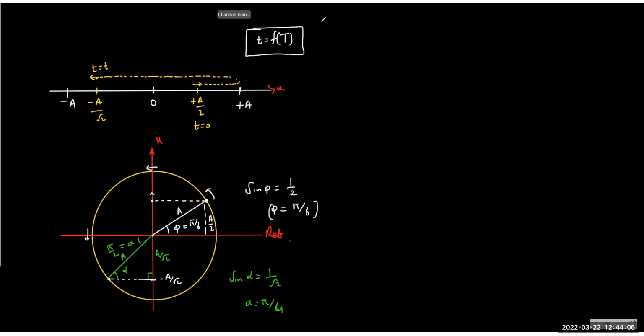If I look at your journey, it happened from here to here. If I call this angle theta, then what is theta? That's easy to find out. It will be pi by 2 minus phi, that is this angle, plus pi by 2, the next entire quadrant, and then alpha.